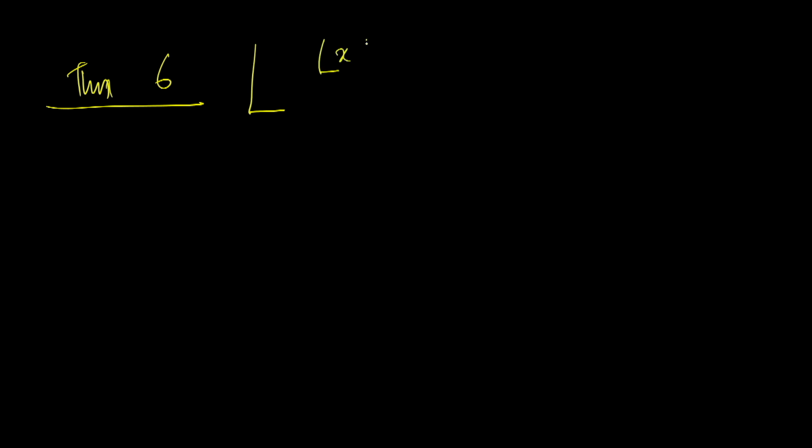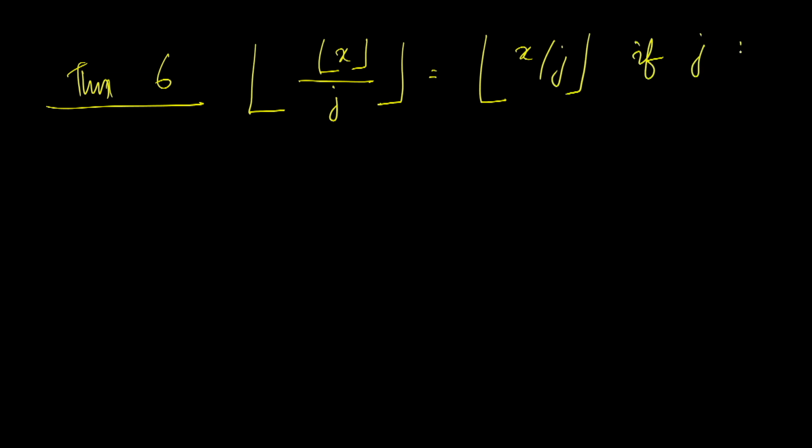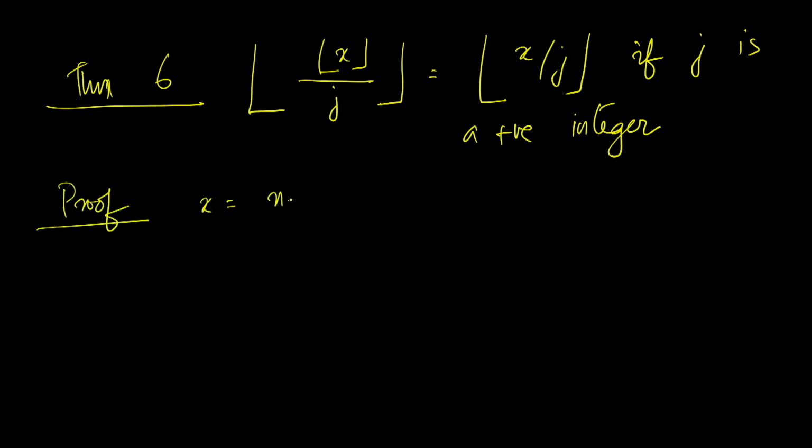The floor of floor of x by j is floor of x by j if j is a positive integer. To prove this, let us assume that x is n plus delta for an integer n and 0 less than or equal to delta less than 1.